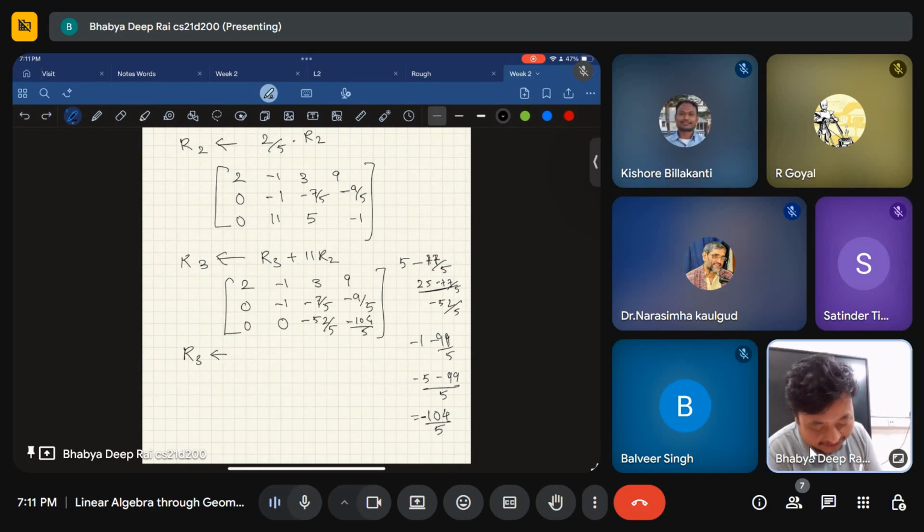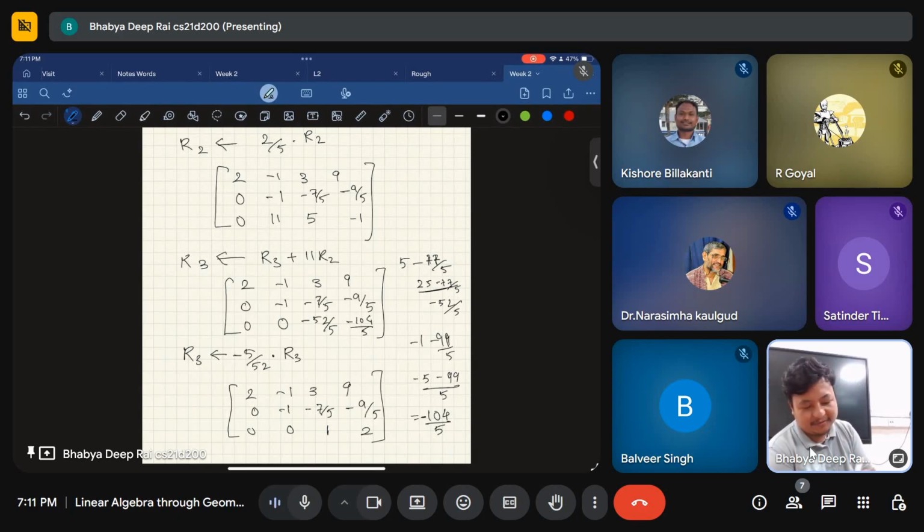So what I'll do is R3, I'll set it to minus 5 by 52 times R3, and then what I'll get is 2, minus 1, 3, 9, 0, minus 1, minus 7 by 5, minus 9 by 5, and 0, 0, 1, and 2. Right? This is what I got.